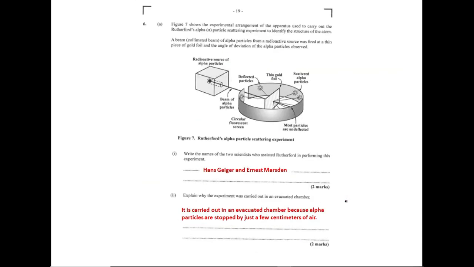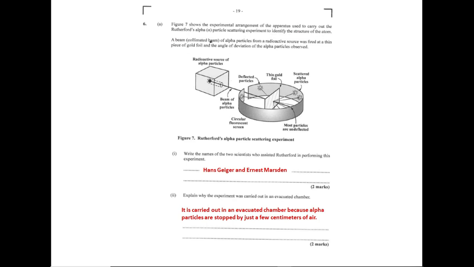Okay, so the last question, we are almost done. Yay! It says figure 7 shows the experimental arrangement of the apparatus used to carry out Rutherford's alpha particle scattering experiment to identify the structure of the atom.